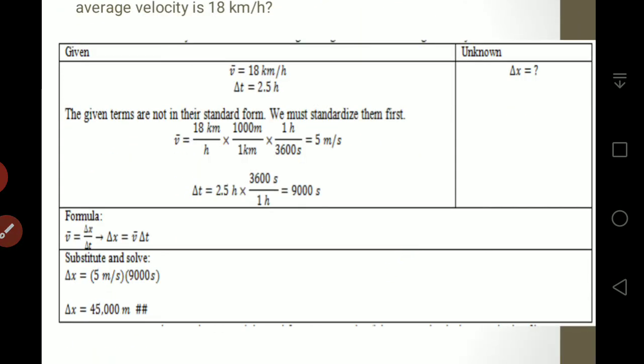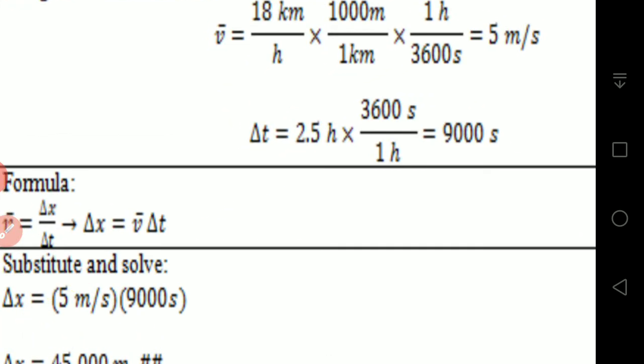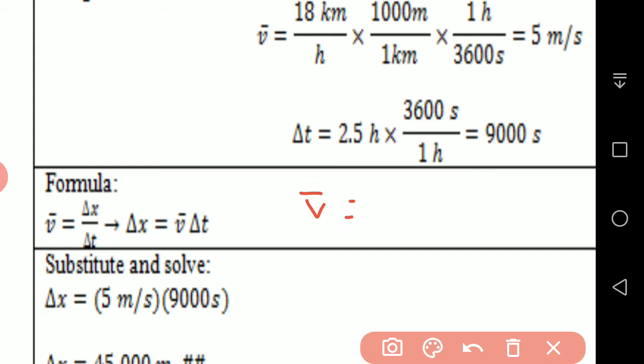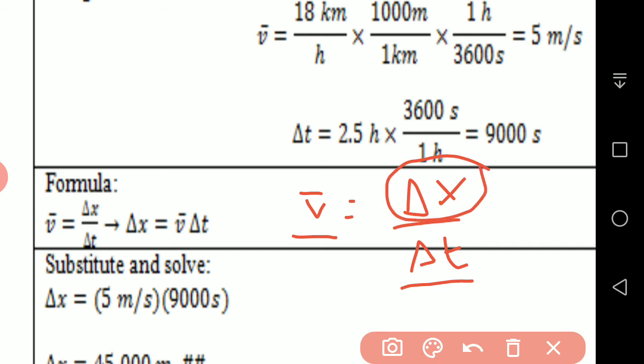So, ano naman yung formula? Based sa given, meron tayong formula na ito. Average velocity is equal to change in x over change in time. Meron tayong velocity, meron tayong time, at ito yung ating ask. Ito yung hinahanap natin.